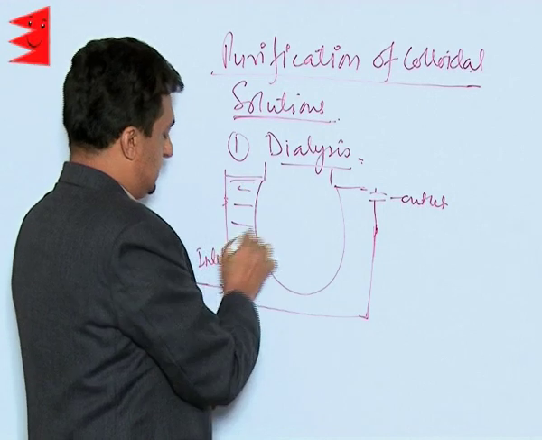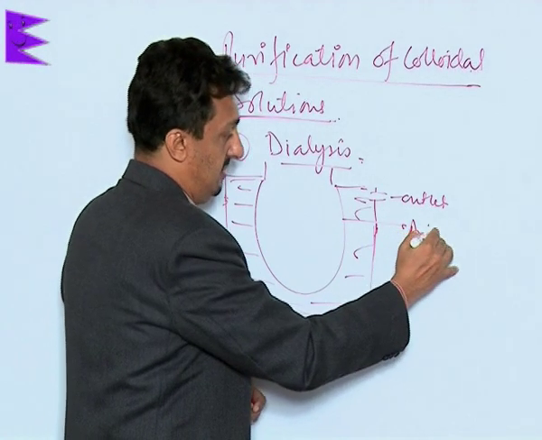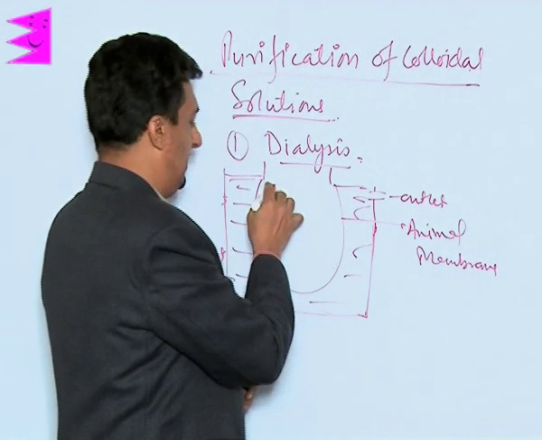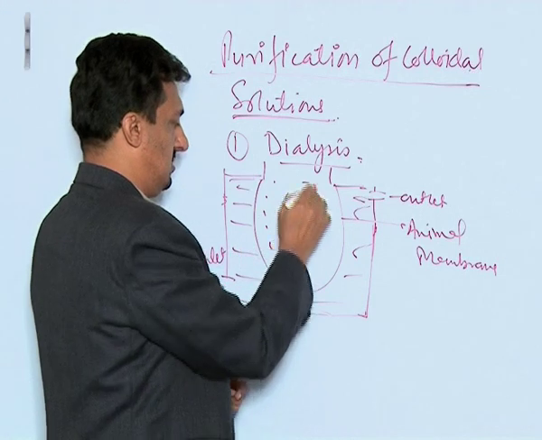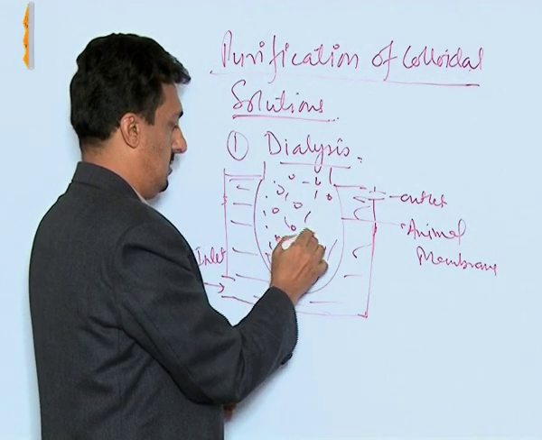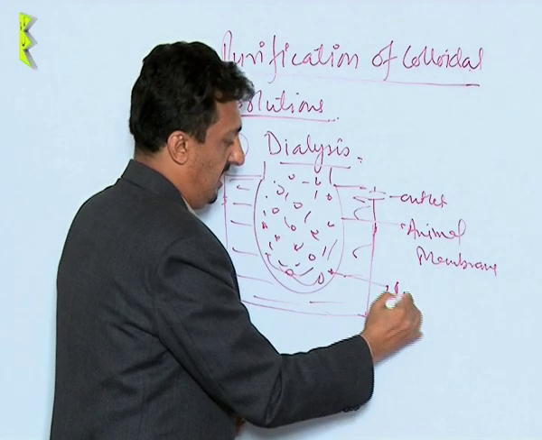So what we find is this is running water outside. This is your animal membrane, and in this what we have is your colloidal. Now this is the colloidal we have.